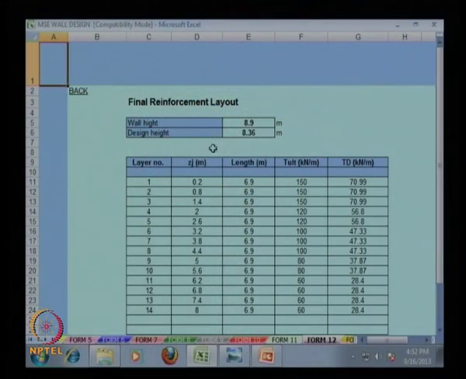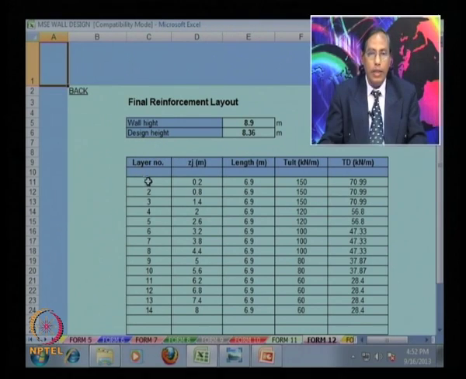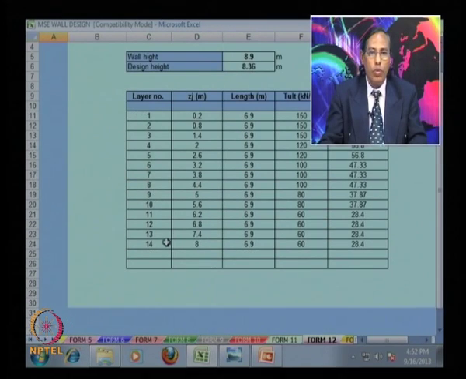Now I will show the final reinforcement layout. Wall height is 8.9 meter, design height is 8.36 meter, and these are layers 1 to 14, with Zj 0.2, 0.6 like this.